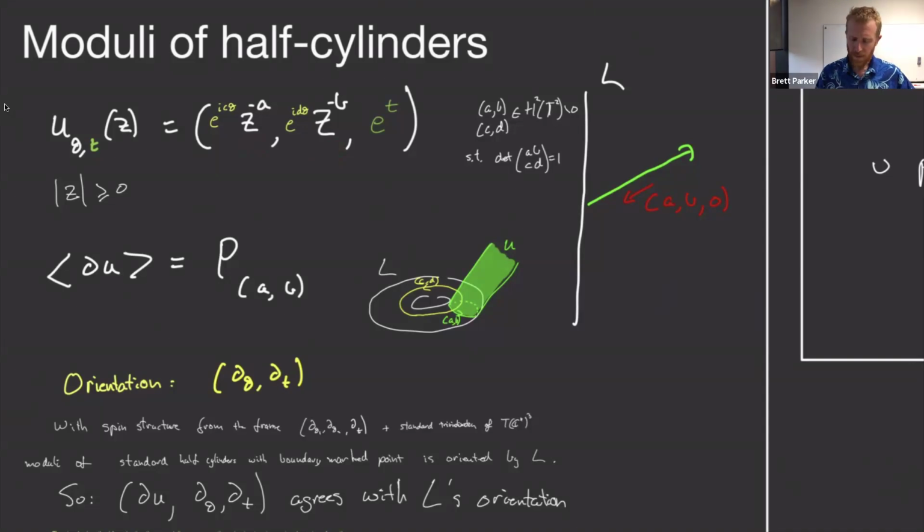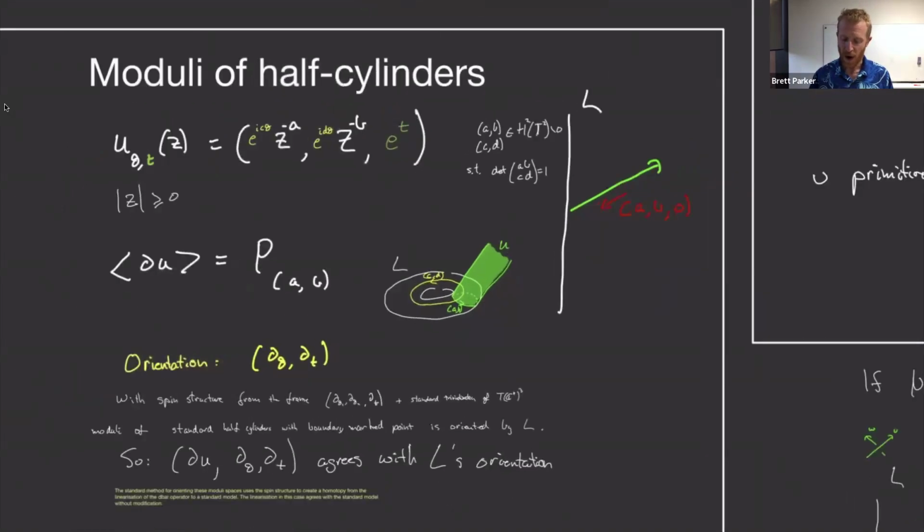And you can write down explicitly what the entire moduli space is. But what's especially nice about this moduli of half cylinders is that this method for orienting moduli spaces deforms things to a standard problem. The linearization of the d-bar equation for these ones is that standard problem. So the moduli space is very easy to orient here.